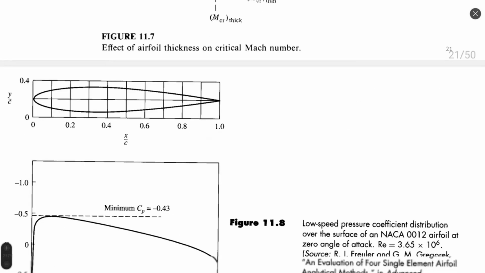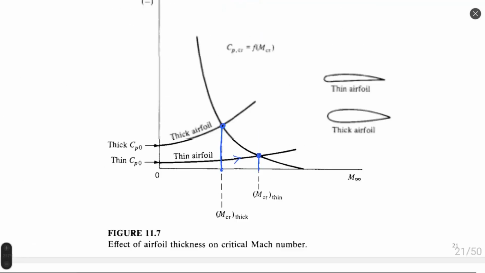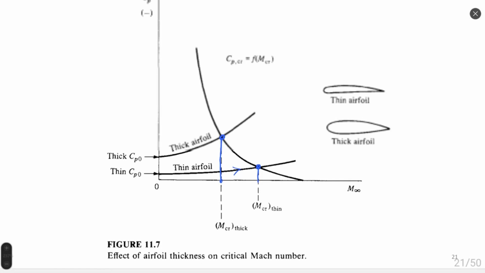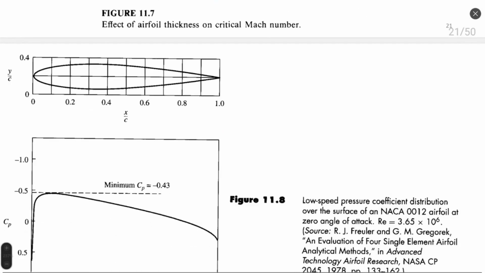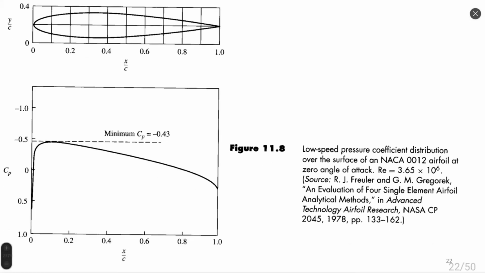Okay, I hope it was clear about critical Mach number. Please let me know if you still have some questions about this problem. Anderson also shows some examples about pressure coefficient distribution and critical Mach number for different airfoils.